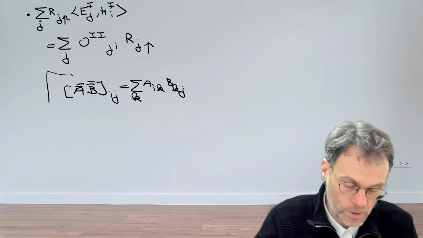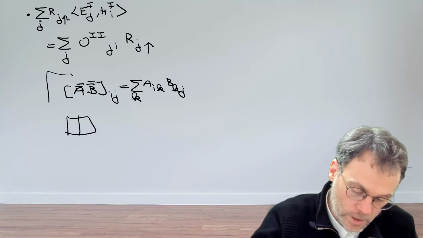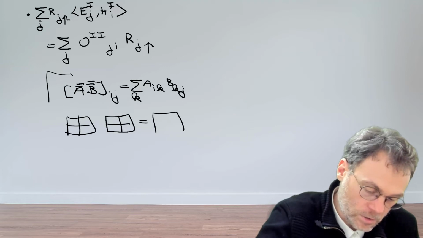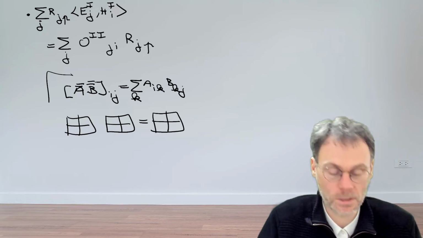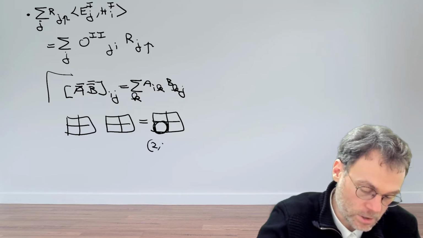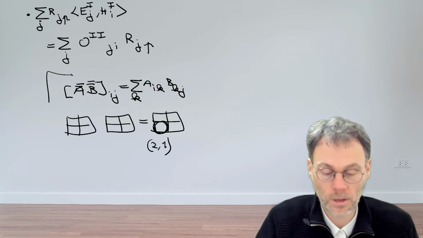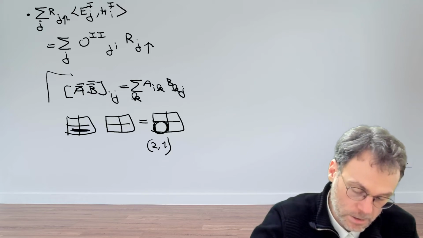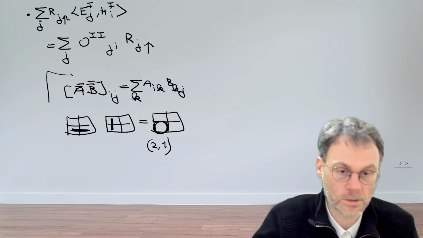So again, quick example, if you have a 2 by 2 matrix which you want to multiply by another 2 by 2 matrix to give you a 2 by 2 matrix, and you're interested, for example, in this element here, which is the 2,1 element, the way you do that is by multiplying this row here with that column.